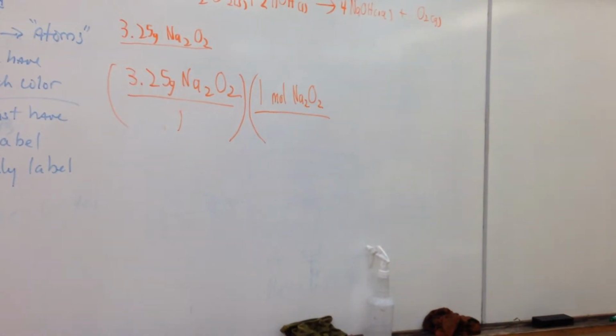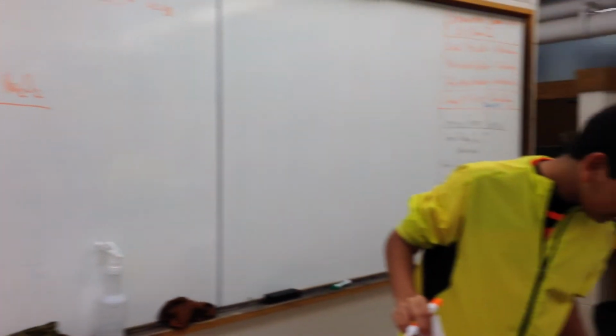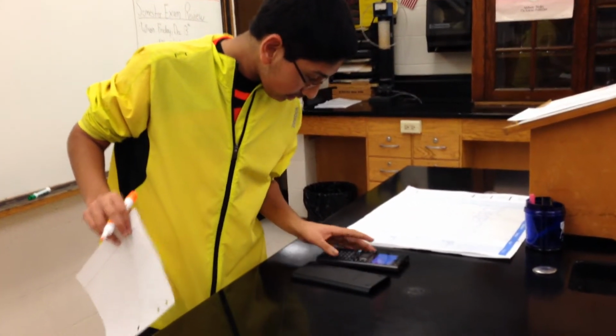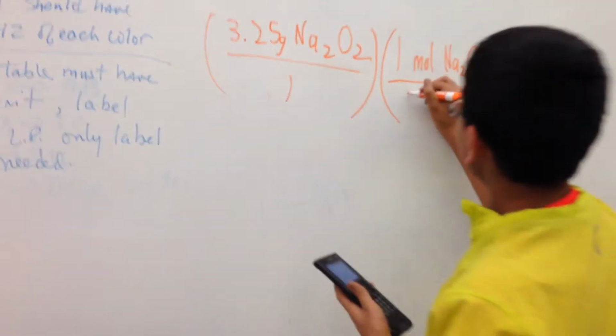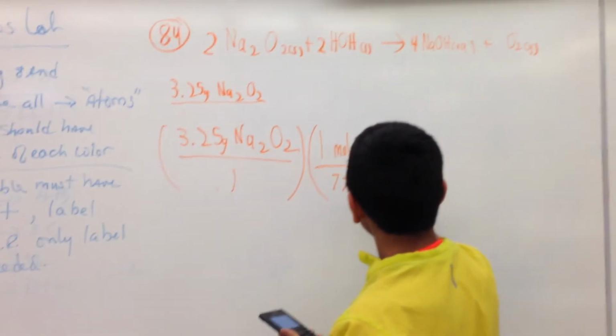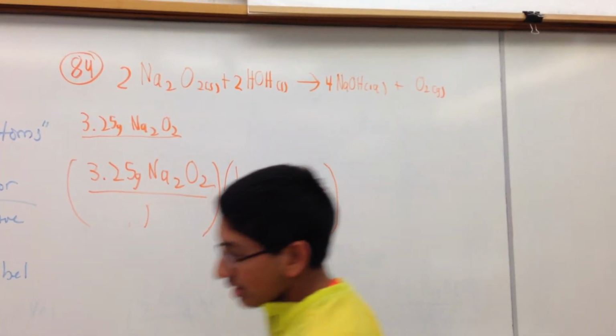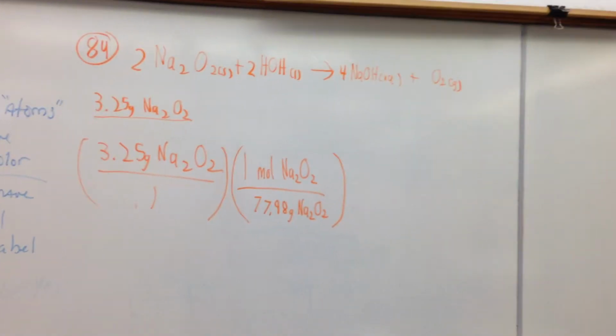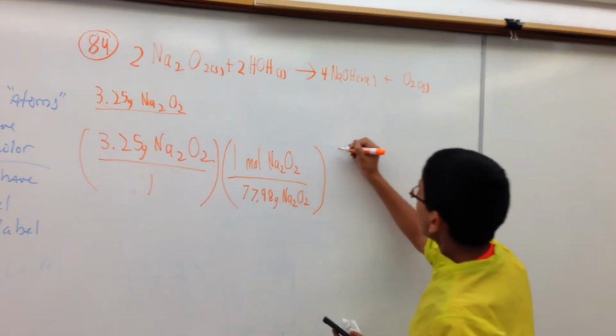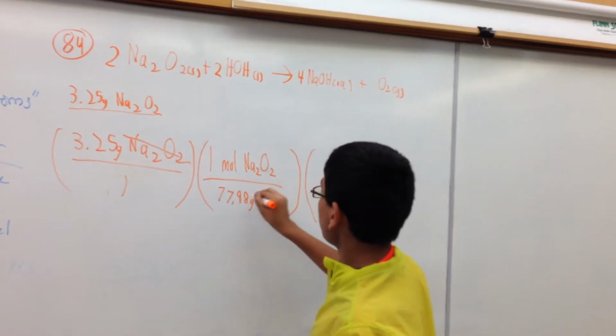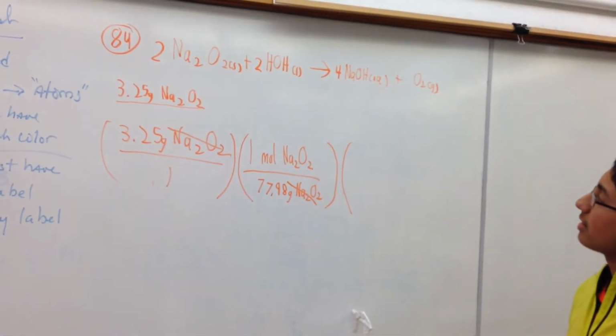The molar mass would be 77.98 grams of sodium peroxide. Make sure that's correct. And we're good. So our grams will cancel out, and we'll be left with moles of sodium peroxide.